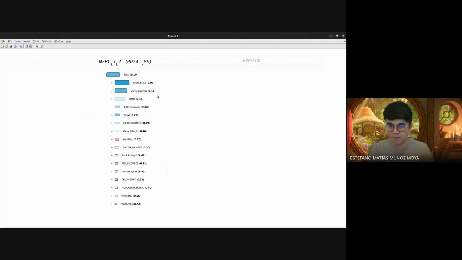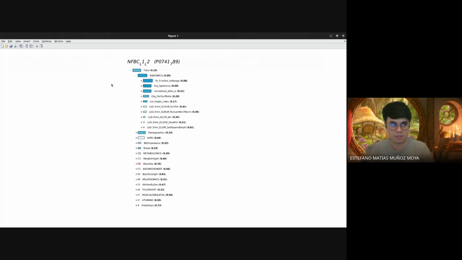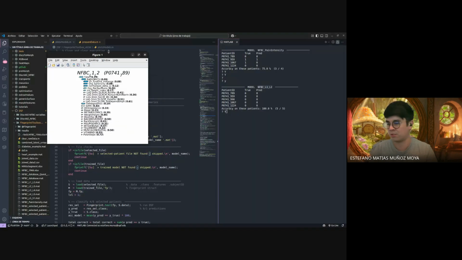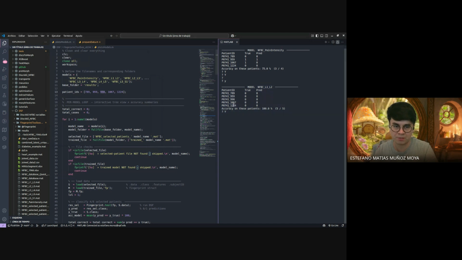He's calculating these radiomics, which were obtained through post-processing using the MRIs. So here we can see all the most preponderant variables from the radiomics that allow us to differentiate positive and control cases. In this case, we had 100% precision. Now we have included patient 990.